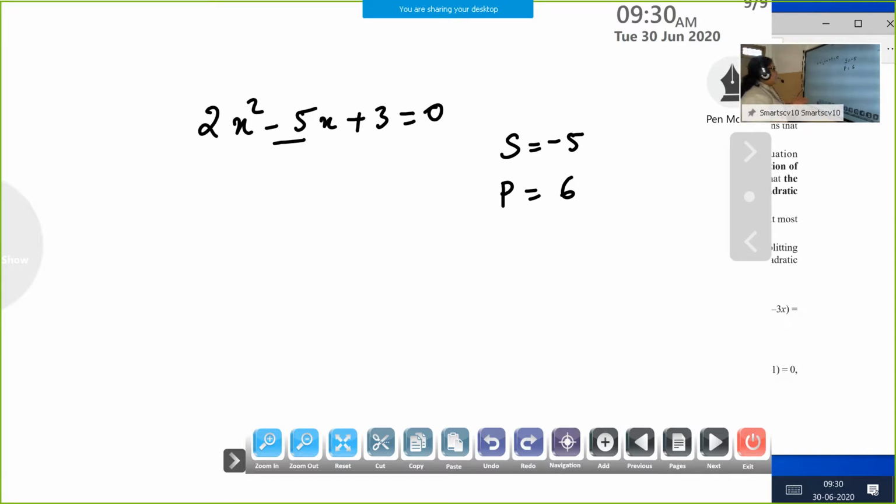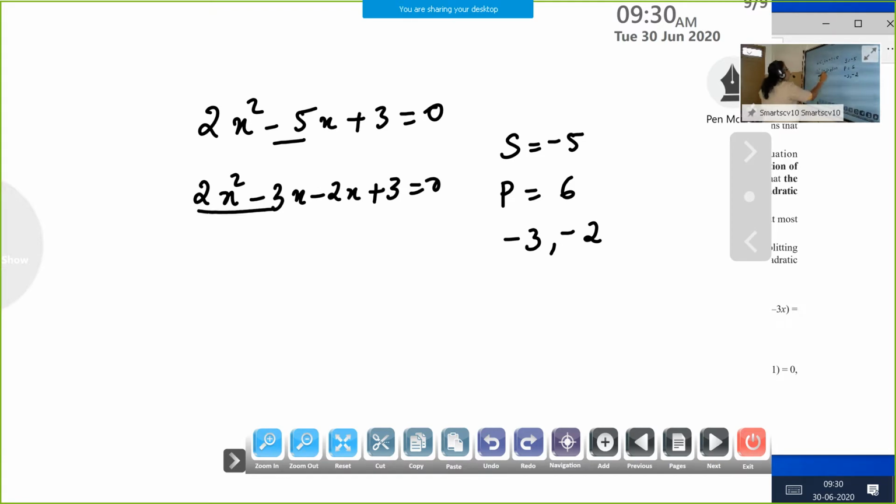If you add two numbers to get −5 and multiply to get 6, what are the numbers? They are −3 and −2. −3 plus −2 is −5 and −3 into −2 is plus 6. So we split the middle term like this: 2x² − 3x − 2x + 3 = 0.